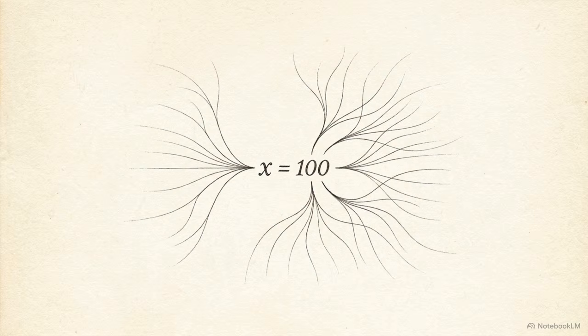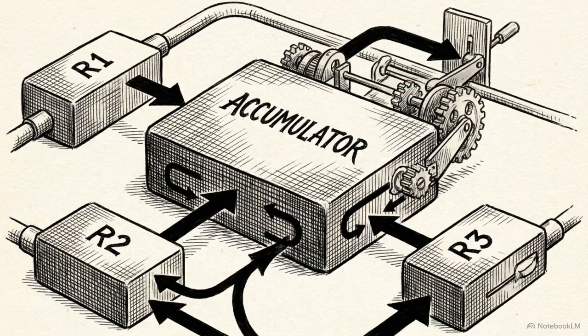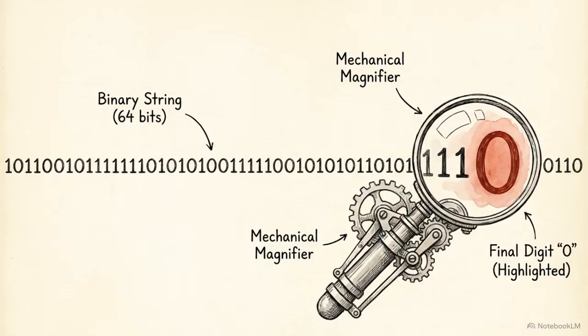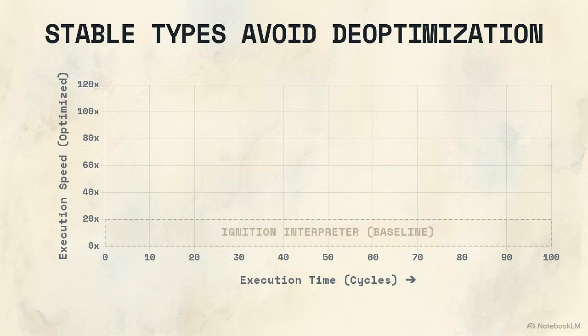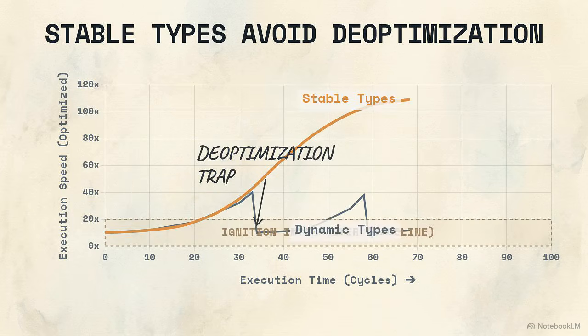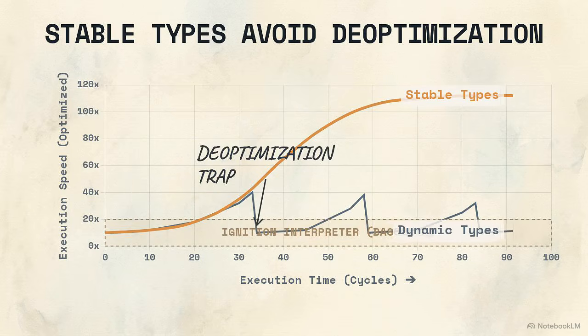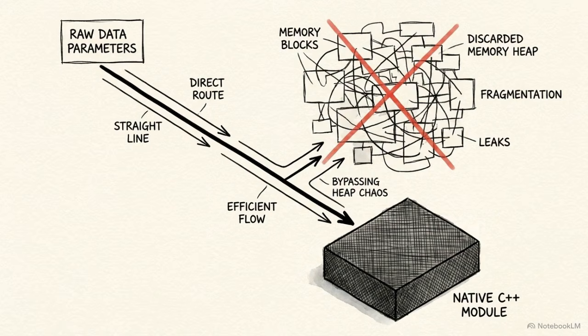A single line of code is executed through a complex interaction of AST C structs, register-based virtual machines, advanced pointer tagging, and memory arenas. These architectural details explain specific performance outcomes. We can see why maintaining type stability prevents de-optimization traps in V8, and why modern FFI conventions like fastcall improve throughput by eliminating temporary heap objects.